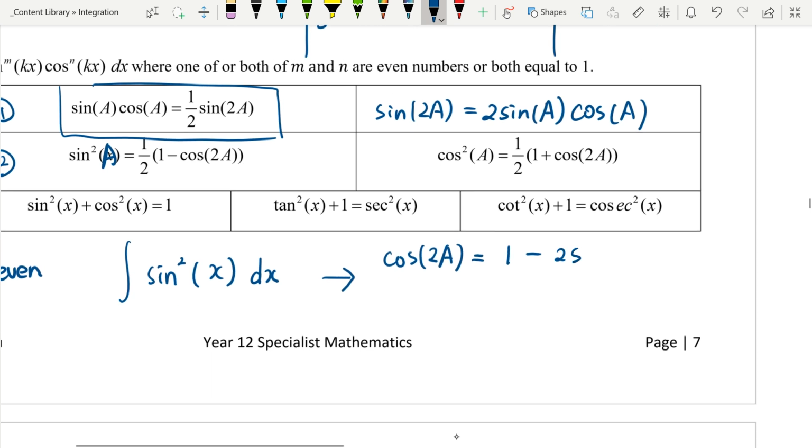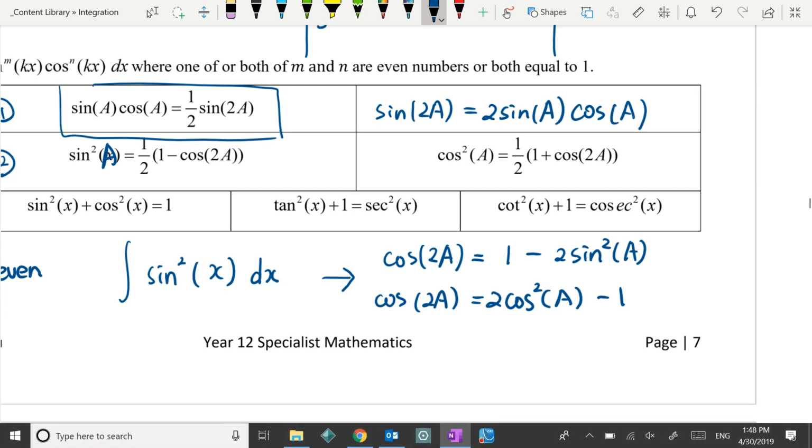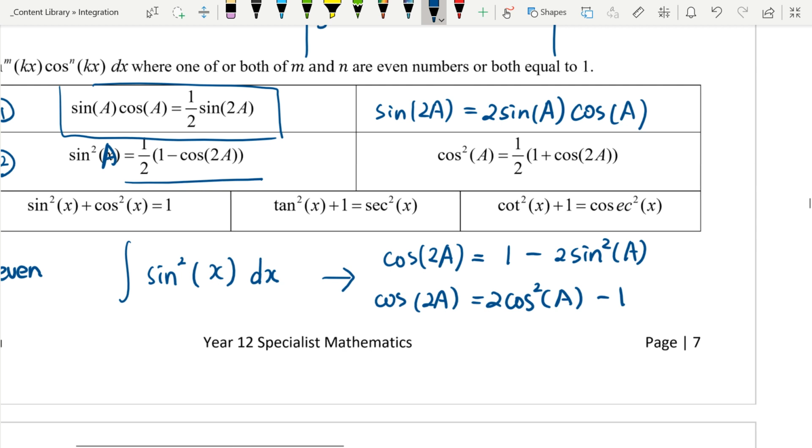One is 1 minus 2 sine squared a, and the other one is 2 cos squared a minus 1. I can rearrange those 2 formulas to reduce the power of 2 to power of 1. So sine squared a equals a half times 1 minus cos 2a, and cosine squared a is a half times 1 plus cos 2a. Okay, so that's the 2 things.